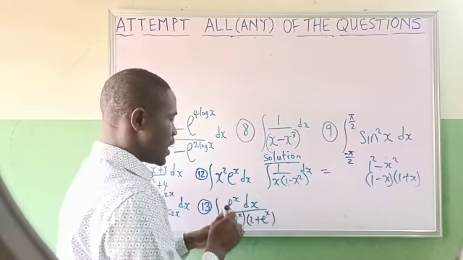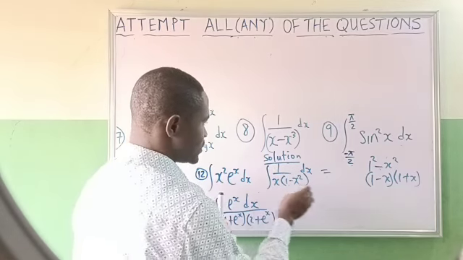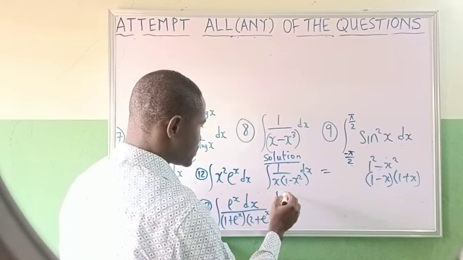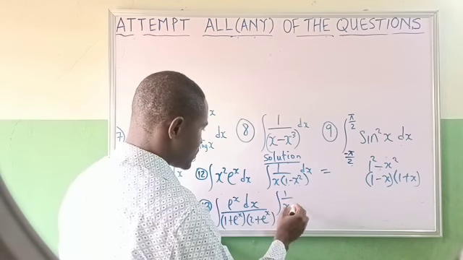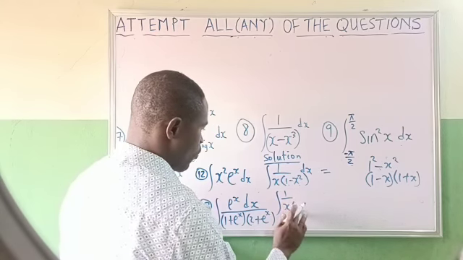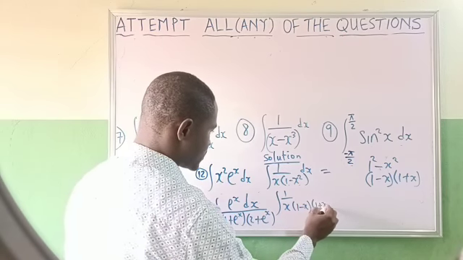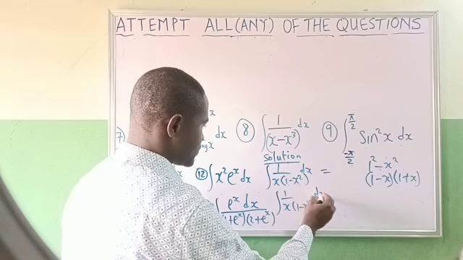Then this now implies that I am to integrate 1 over x bracket 1 minus x bracket 1 plus x dx.